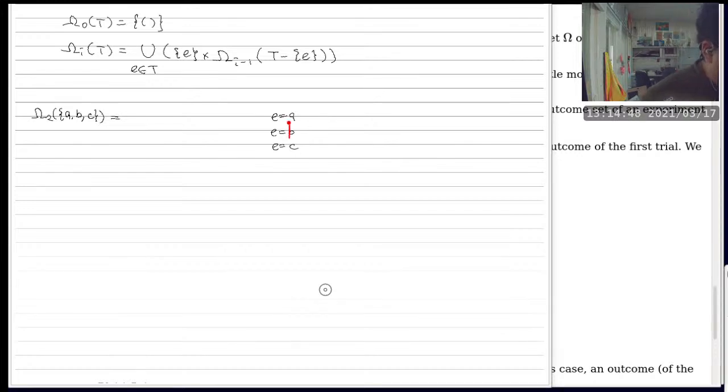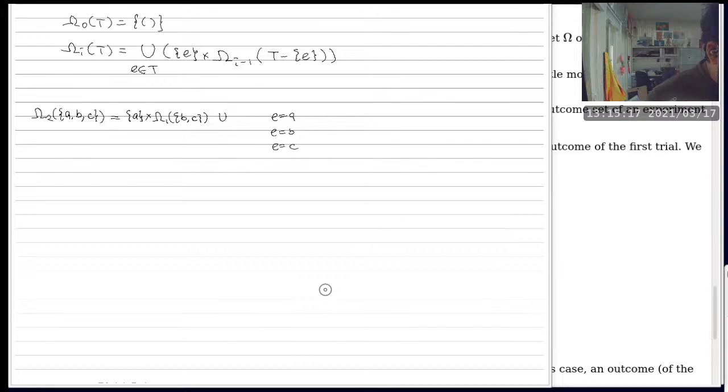For the first iteration where e equals A, we have the set of A by itself, Cartesian product with omega 1, because it's 2 minus 1. And then we have T minus e. T is ABC, and e is A, so we end up with just BC in this set.